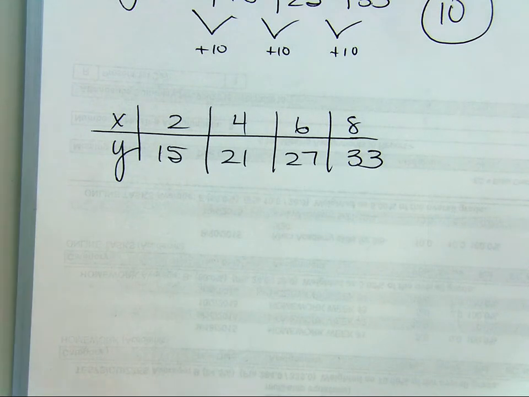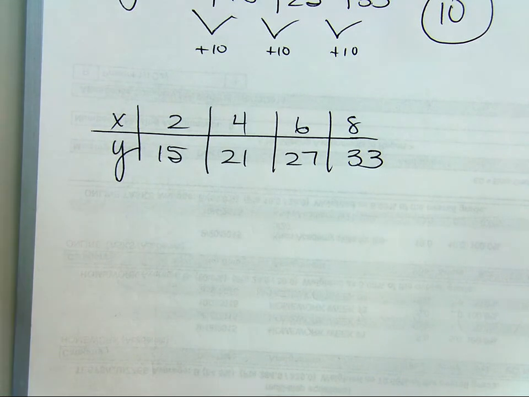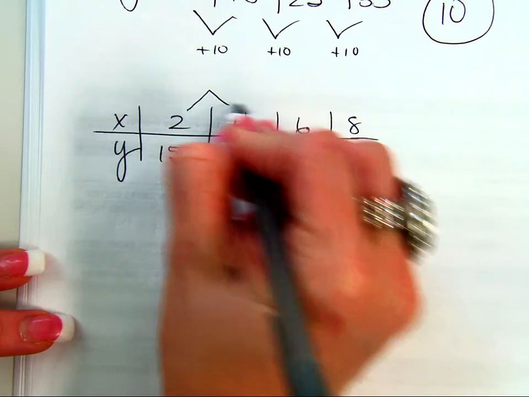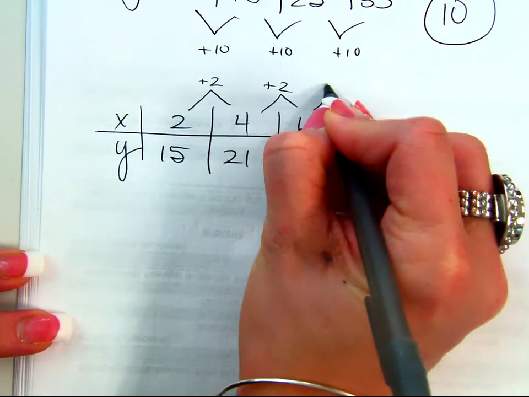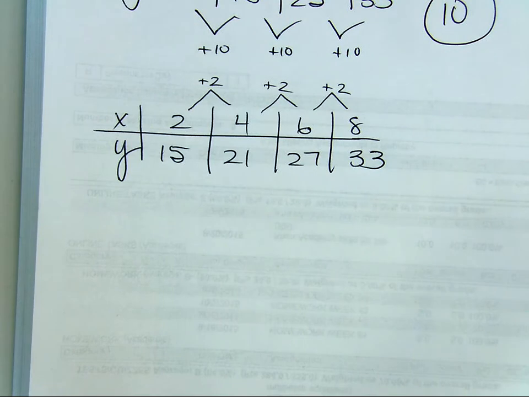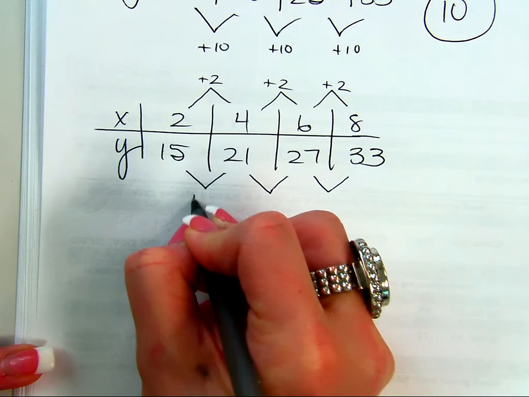And if you want to look at it as babysitting, or if you want to look at this as the number of items and this is the cost that you pay or get or whatever. So right away I noticed that this is not going up by 1, so I got a little extra work to do, right? So for every 2 that goes up, this goes up what? 6.